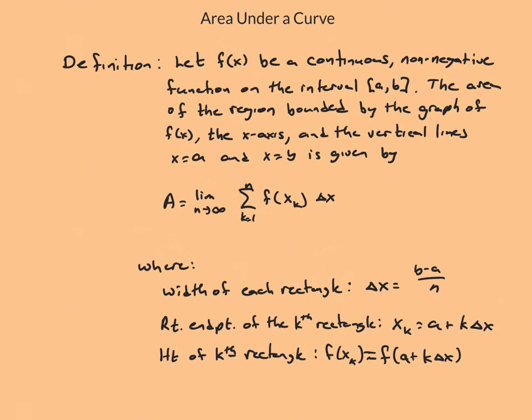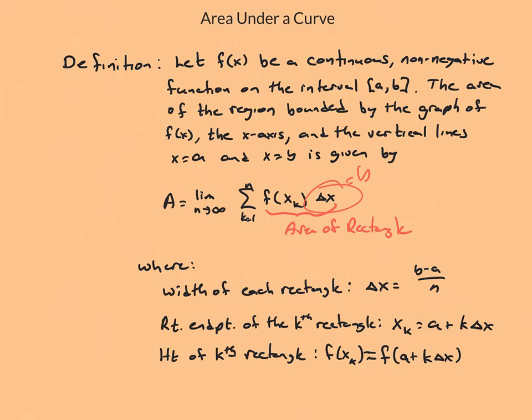Now again, you need to remember here that this portion right here is the area of a rectangle. The base of the rectangle is delta x, and that's the width of the rectangle.